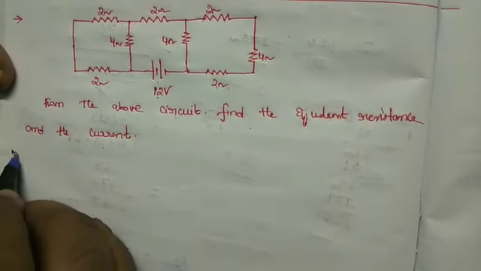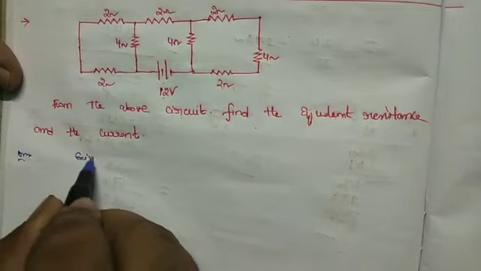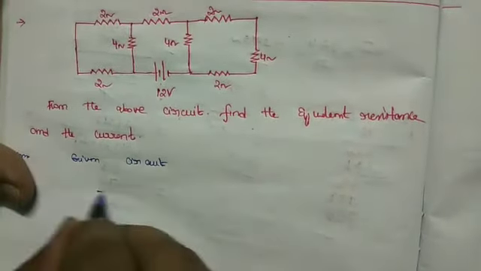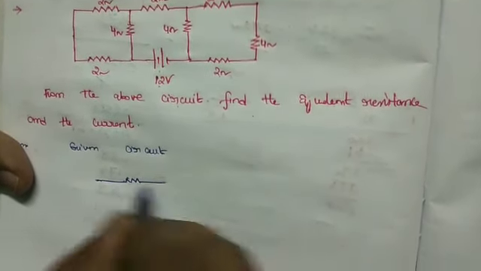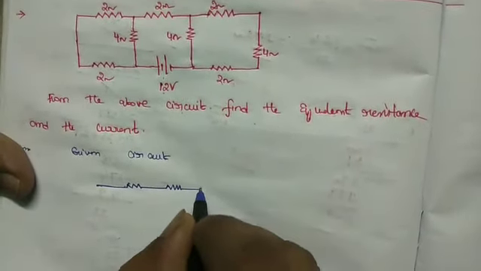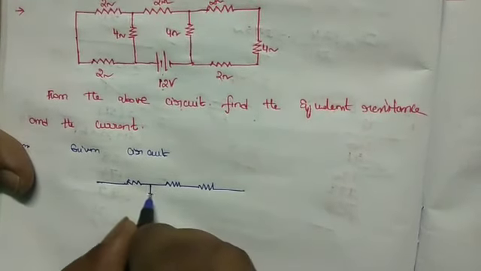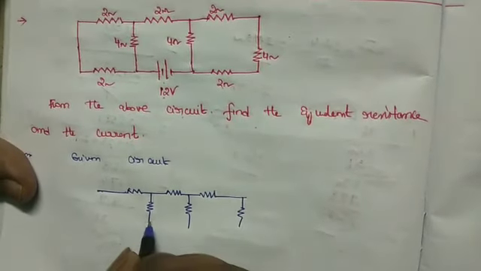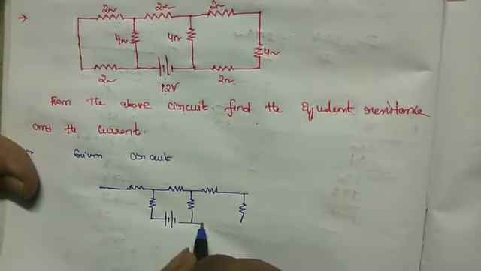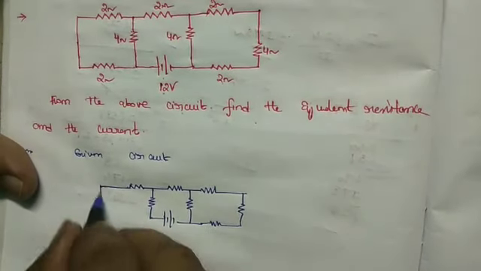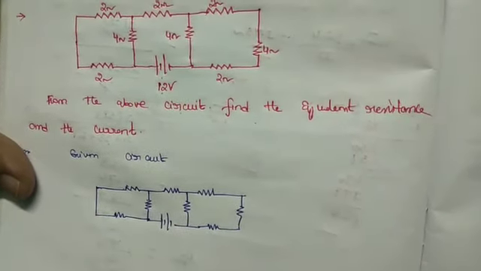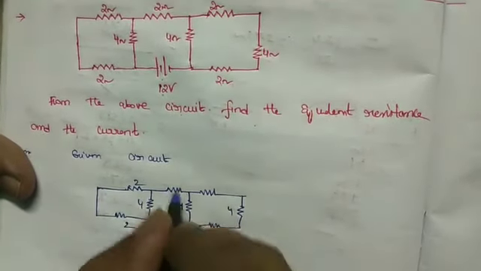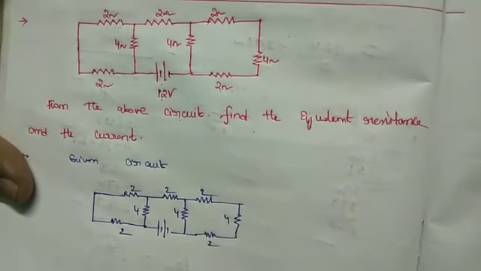See, the given circuit. Here 4, 4, 4, and here 2, 2, 2, 2 ohms.